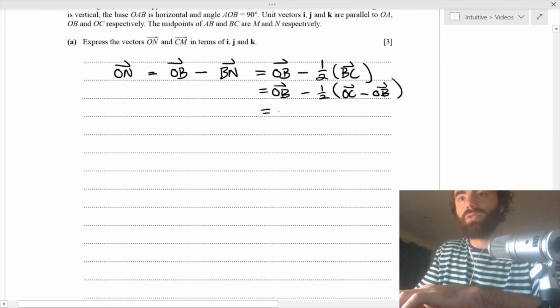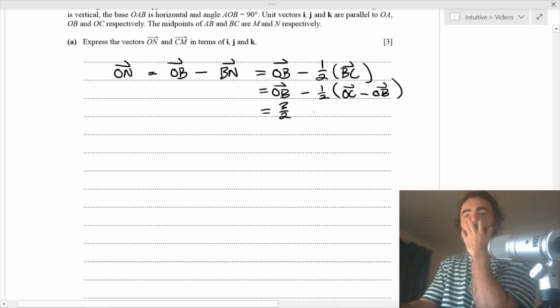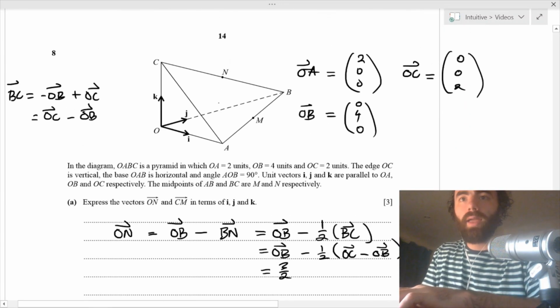So this is equal to 3 over 2 OB. Well, I feel like what am I doing? ON is OB minus BN.